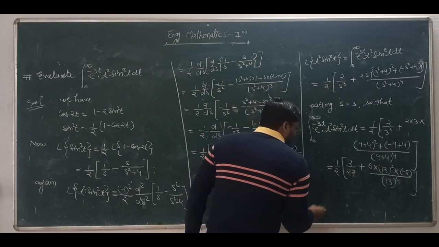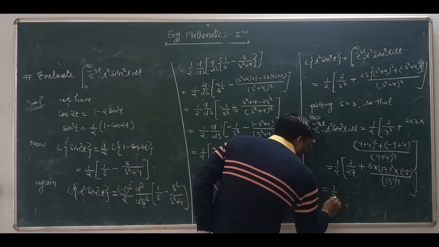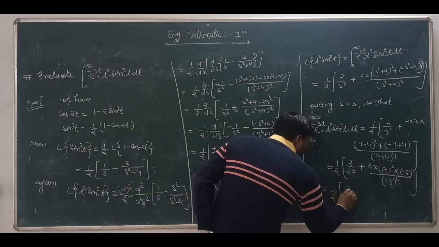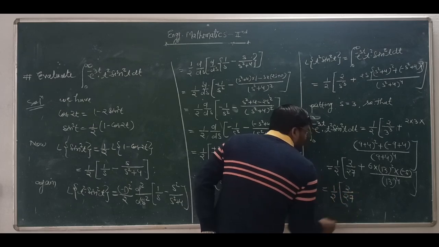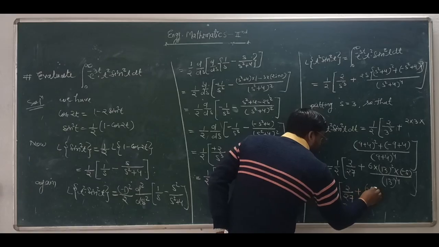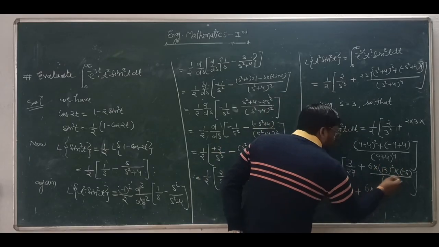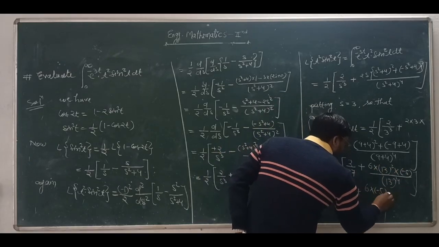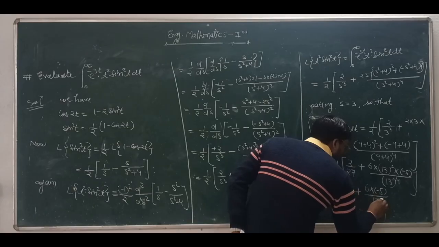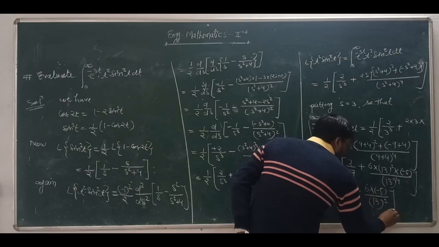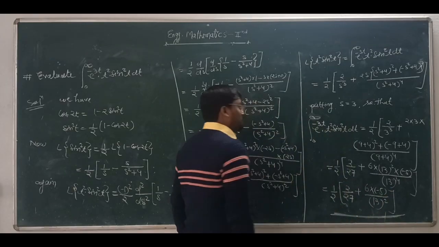Now you solve this: 1 by 2 of (2 upon 27 plus 6 into minus 5 total upon 13 to the power 2, with the common factor cancelled). This is your final answer.